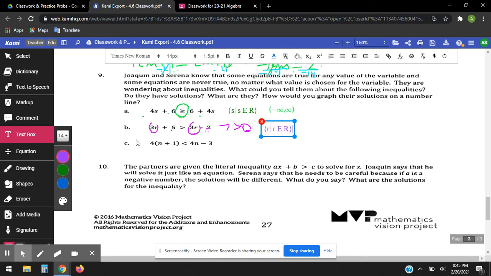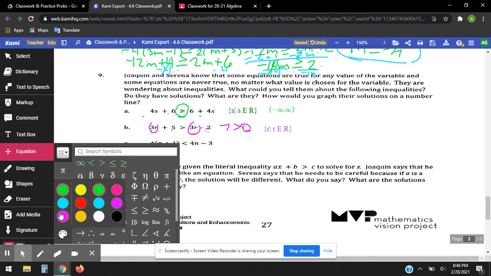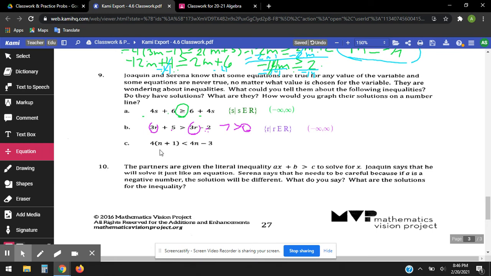So R is real numbers. And then when I do interval notation, we're going to have the same thing, parentheses, negative infinity, comma, infinity. Any number works. All right, last one. 4 parentheses n plus 1 is less than 4n minus 3.